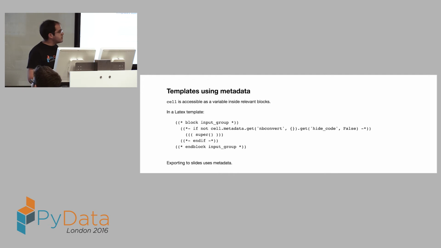You can also do clever things in the template using metadata. Inside any block related to a cell, you have a cell variable that you can use in the Jinja code, and you can use cell.metadata to get at the metadata that's associated with the cell, which is just a JSON dictionary, and you can do things conditionally based on that metadata.